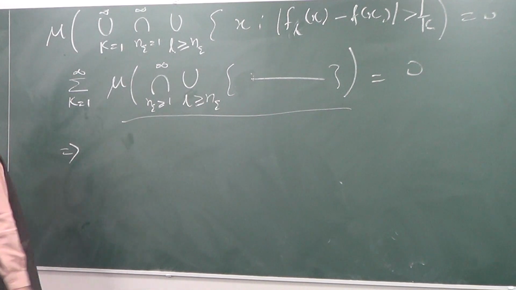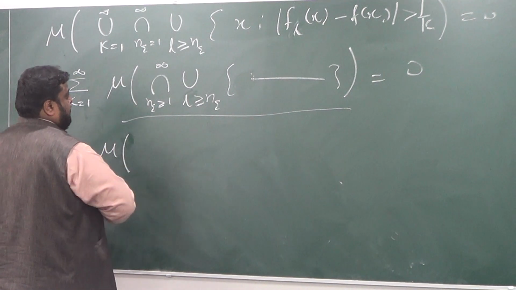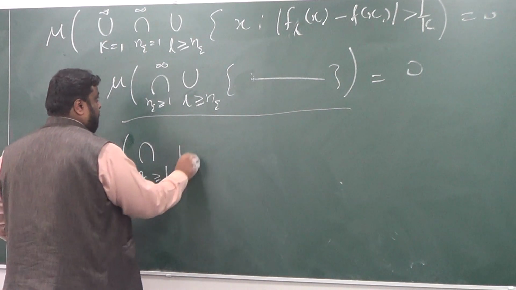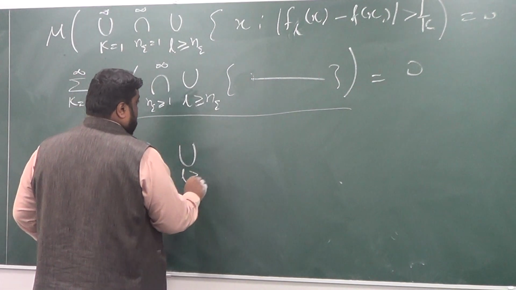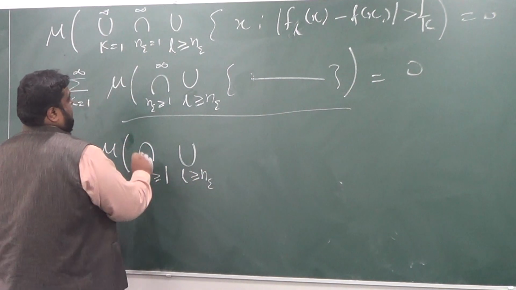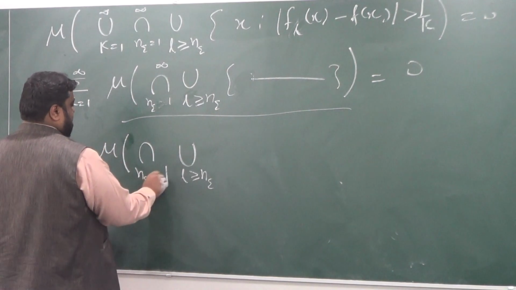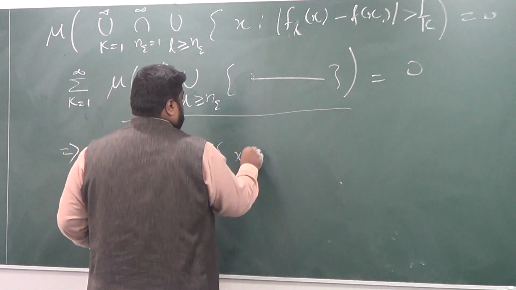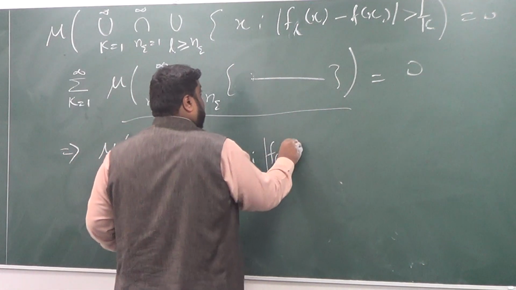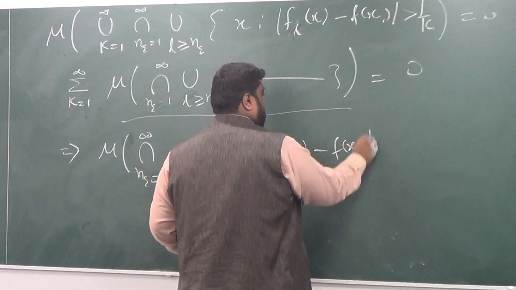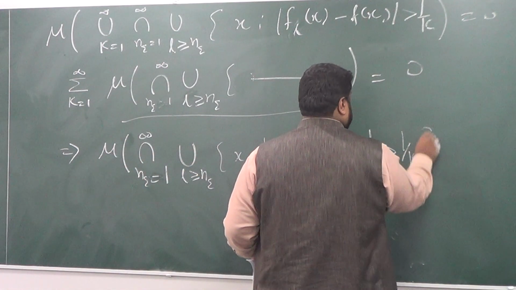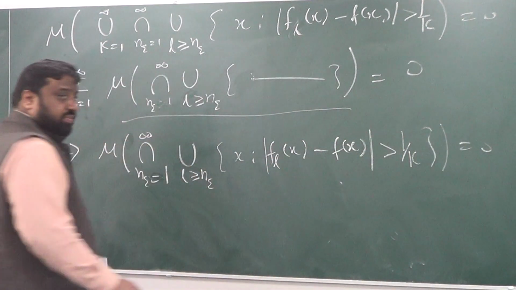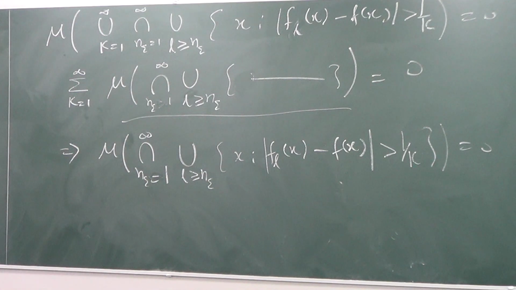So this implies that the measure of the intersection over n epsilon bigger than or equal to 1 of the union over L bigger than or equal to n epsilon of the set of x such that |f_L(x) minus f(x)| is bigger than 1 over k is equal to 0. This is true for all k.